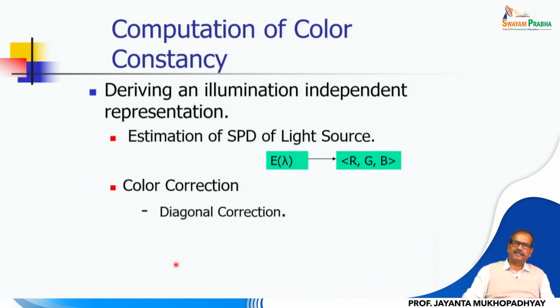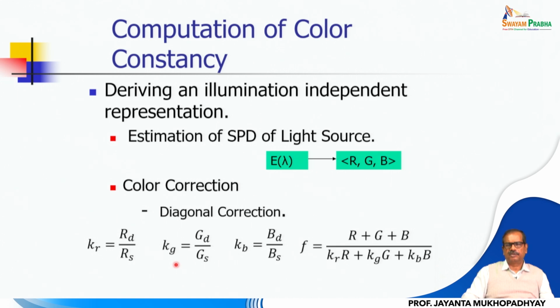Now, there is a very simple rule which is called diagonal correction, where you consider the proportion of these primary components and use these proportions, preserving the total brightness value of the image. So, this computation, as you can see, just computes the updated red, green, blue by this expression.